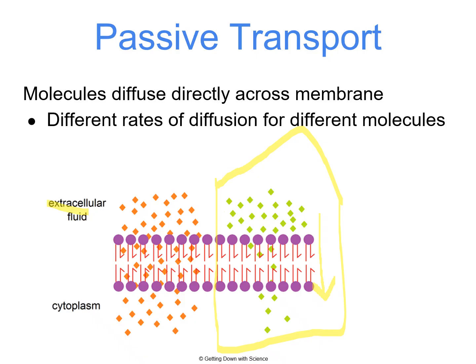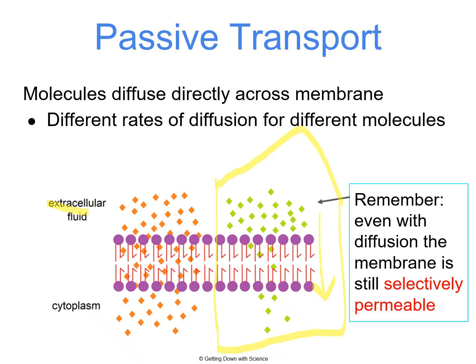Simple diffusion is when we have particles that are small enough to permeate, or go through, the pores of the cell membrane. There are different rates of diffusion depending on the molecules. Some molecules will diffuse faster, some diffuse slower, and also temperature plays a role in the rate of diffusion.